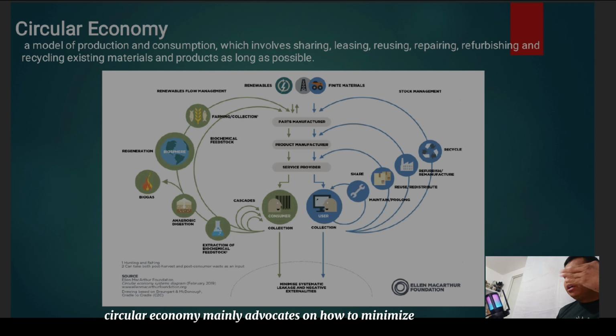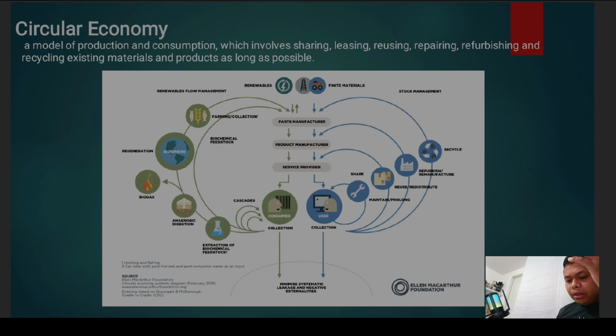Circular economy mainly advocates how to minimize or even zero out waste: how we reuse materials, how we repurpose, how we recycle.